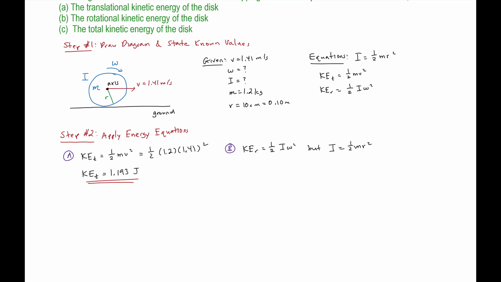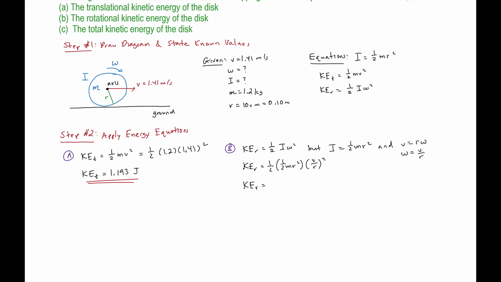We don't have omega though. However, we know v is equal to R omega, which means omega is equal to v over R. So we can replace our expression for omega with v over R. So we have KE_R is equal to 1/2 mr squared to replace the I, times (v over R) squared.